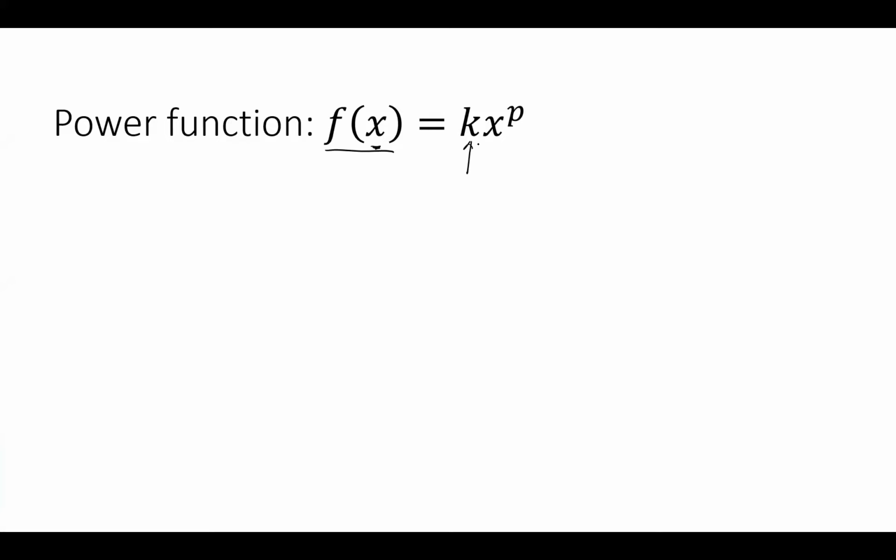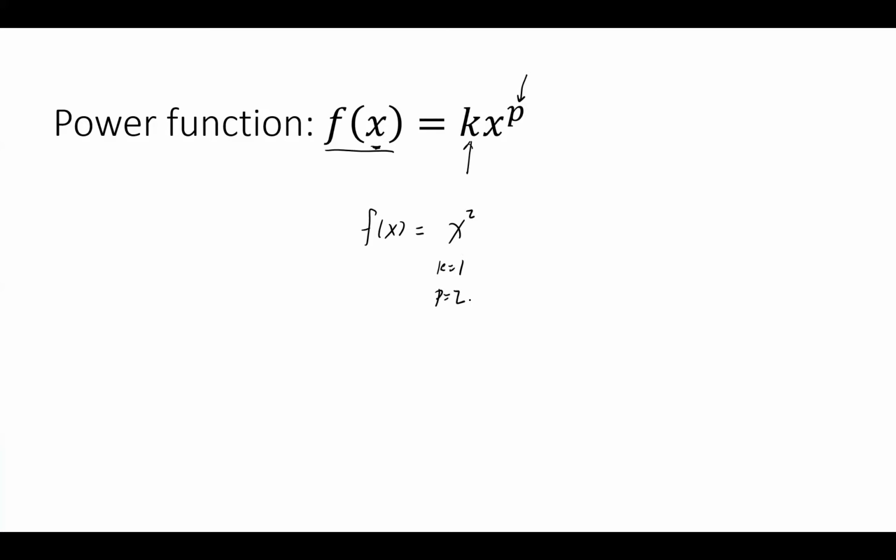So k is a constant, and the p here is also another constant. The most common example is the one we have seen, which is x squared, right? So it's a typical power function, and in this case, k is equal to 1 and p is equal to 2.